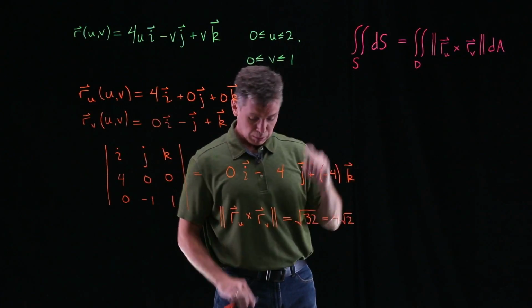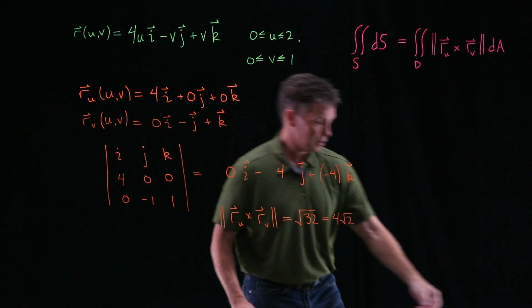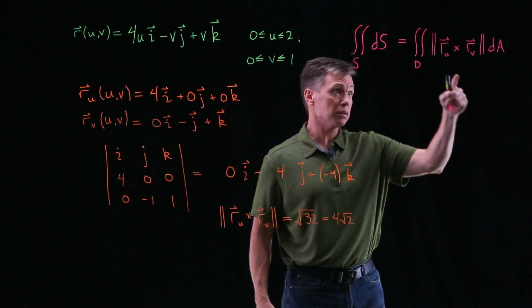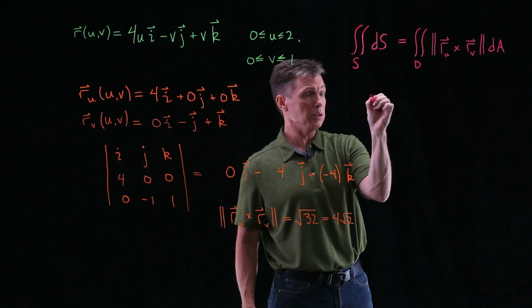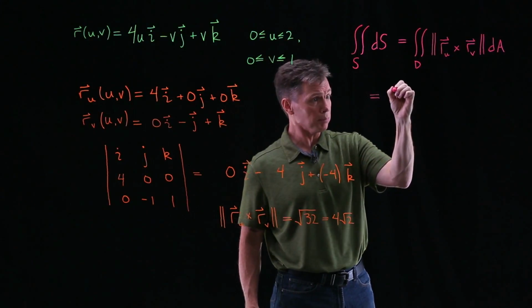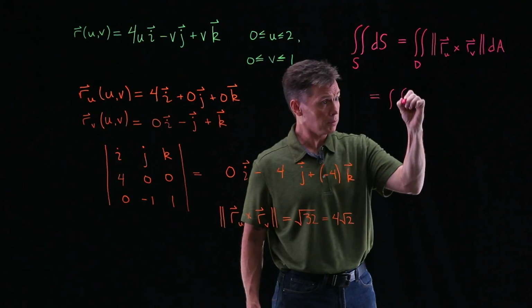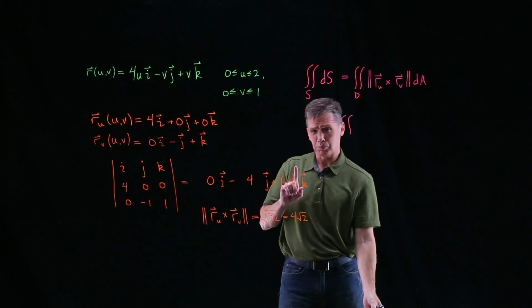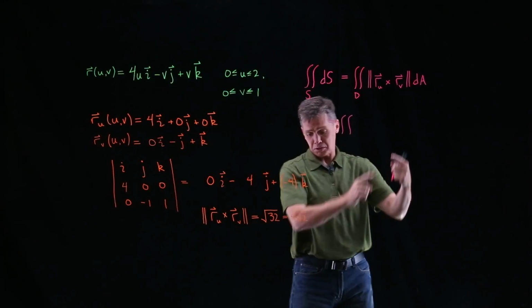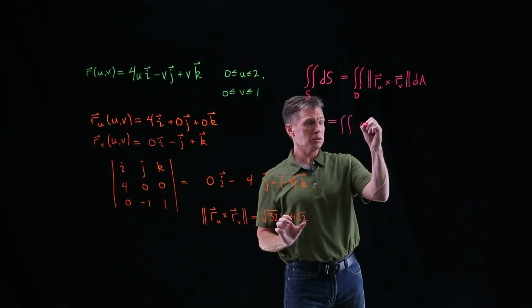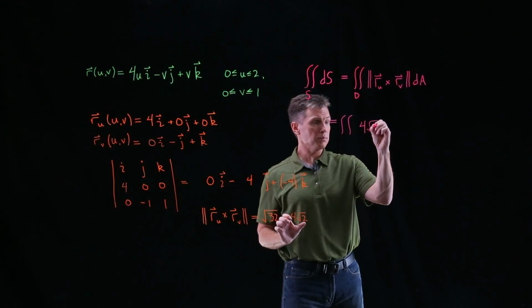Okay, so now I'll come up here and continue with this integral, or set this integral up. This will equal the double integral, my limits of integration, I'll put those on hold for just a second. That magnitude we just calculated was 4 square root of 2.